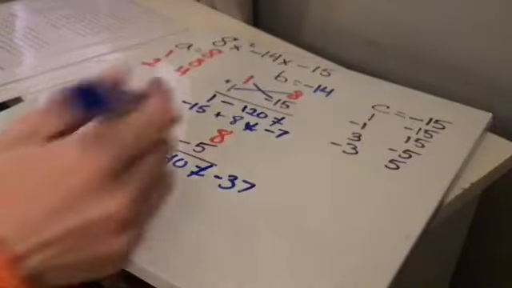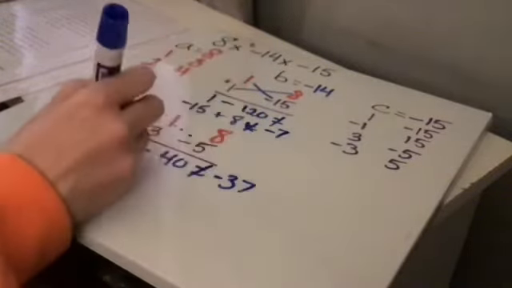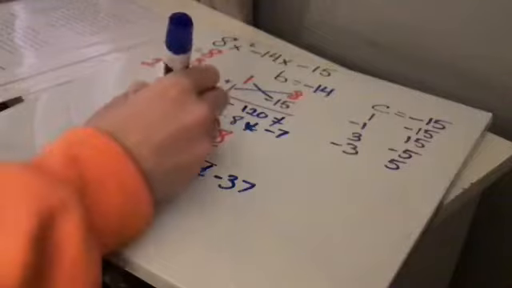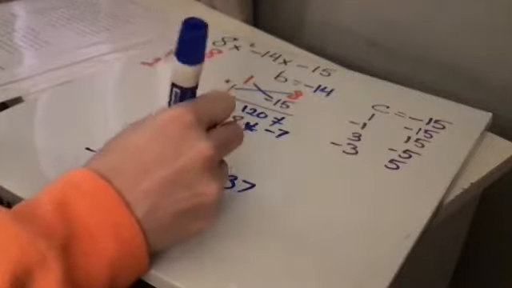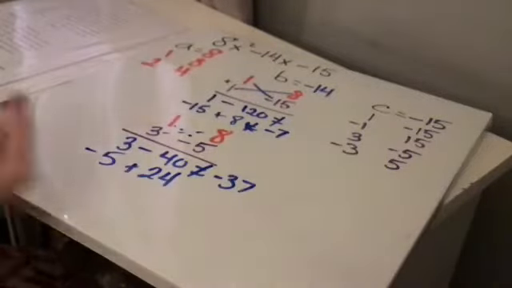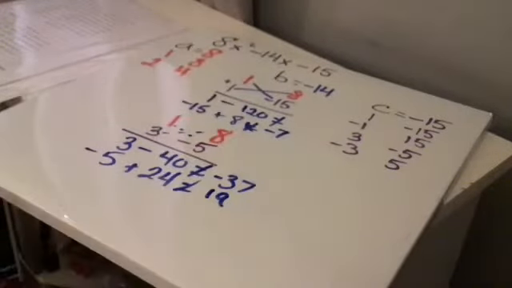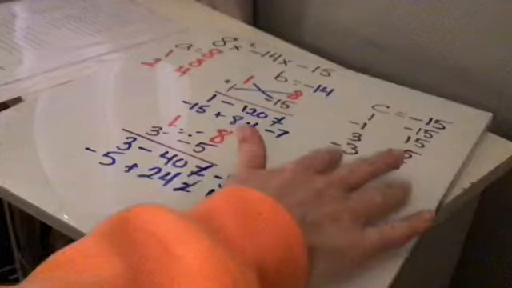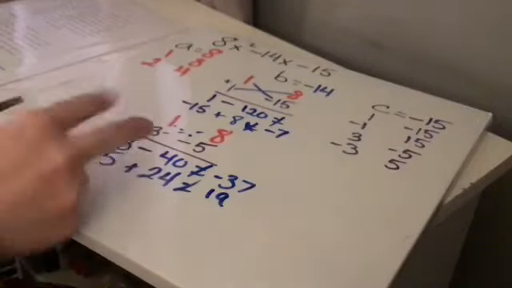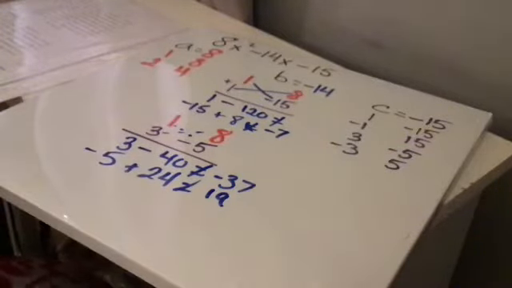Okay, then going the other way, 1 times negative 5 plus 3 times 8. So negative 5 plus 24 doesn't work either. Even if I were to switch the signs, it's still not going to work. So 1 and 8 does not give us what we want.